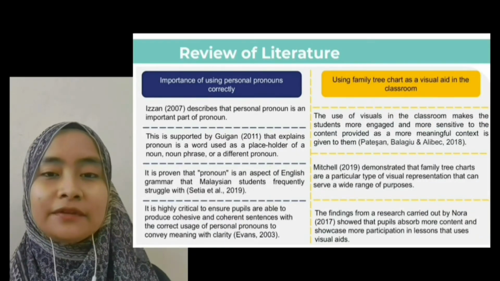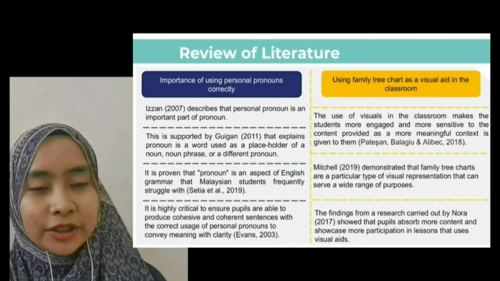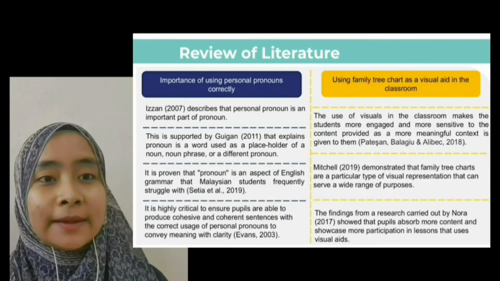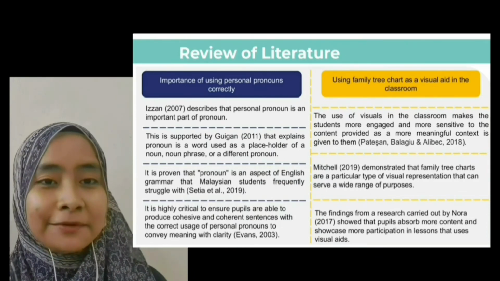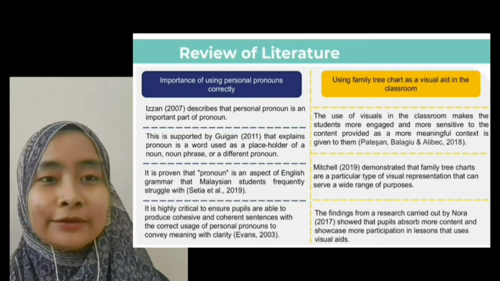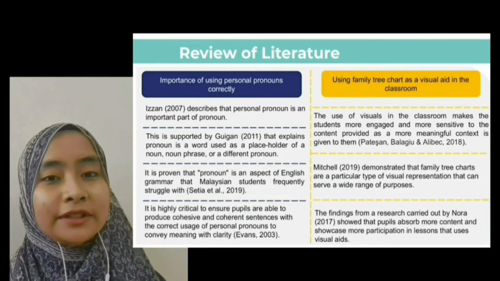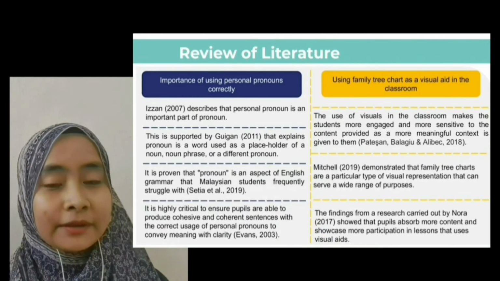This study and the relevance of this issue is supported by various reviews of literature that mentioned the importance of using personal pronouns correctly. First of all, Izan in 2007 described that personal pronoun is an important part of pronoun.